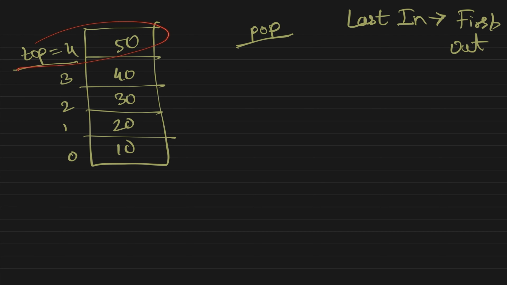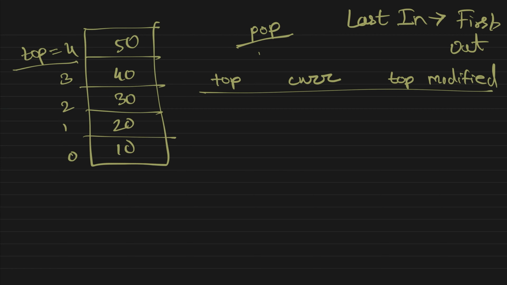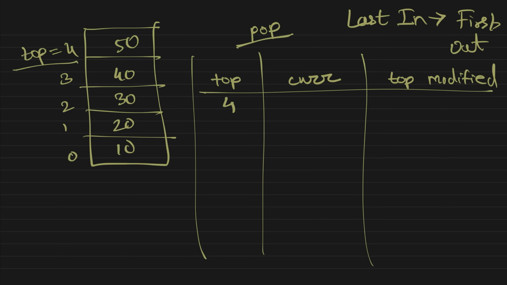So 50 would get popped. What actually happens in the pop? Let's say this is my current value of top, this is the current element that I would return, and this is the modified value of top. My current top value is 4, and my current element is 50.